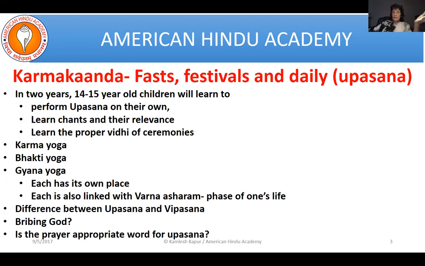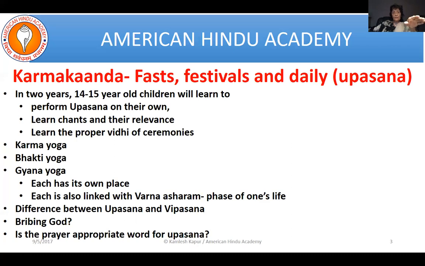They will learn the chants and they will learn their relevance. They will learn the proper procedure of ceremonies, different types of ceremonies. So it will have karma yoga, which means responsible discharge of duties, bhakti yoga, offering devotion, jnana yoga, acquisition of knowledge and wisdom.